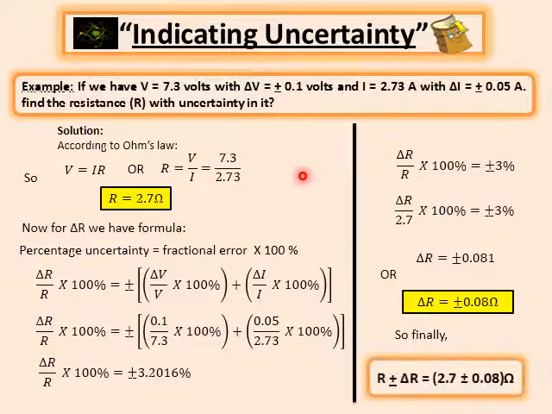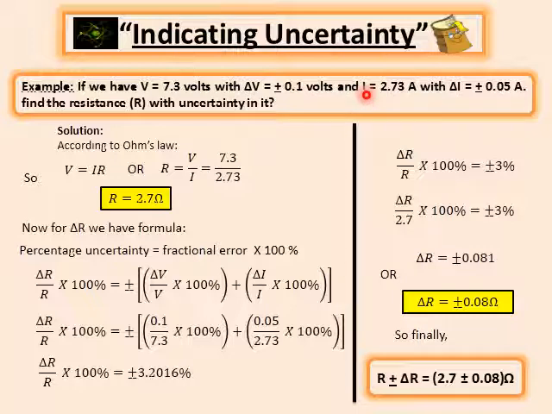Now students, we have been indicating the uncertainty, but the next example shows the product rule to indicate the uncertainty. Now we have a simple example. If we have voltage V equal to 7.3 volts with delta V equal to plus minus 0.1 volts, this delta V is the uncertainty in voltage.